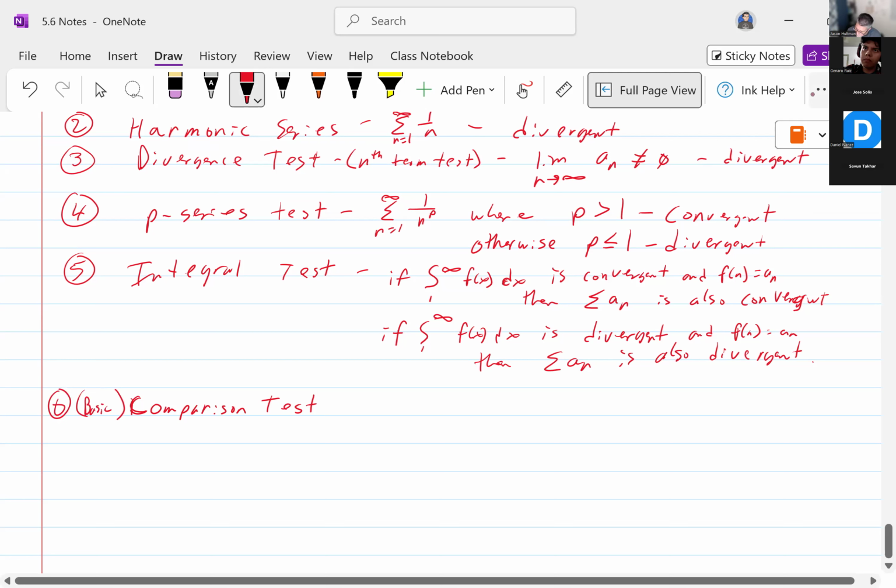In our text, this is called the comparison test. Okay, if the summation of b sub n is convergent, and a sub n is less than or equal to b sub n for all n, then the summation of a sub n is convergent.